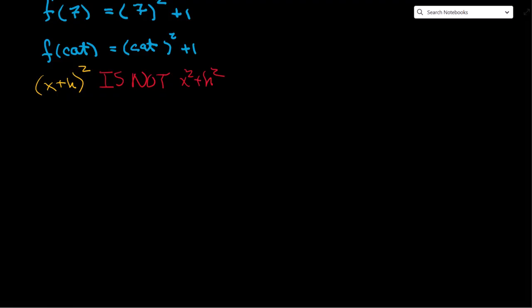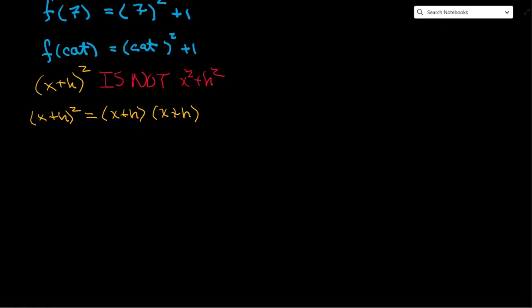Remember, x plus h squared really means x plus h times x plus h. And what we need to do now is distribute. We're going to take the x times the x, the x times the h, the h times the x, and the h times the h.